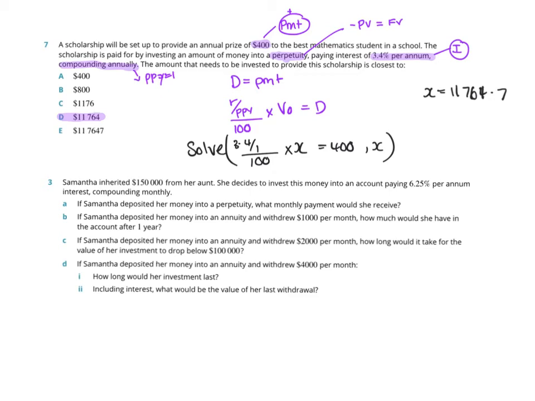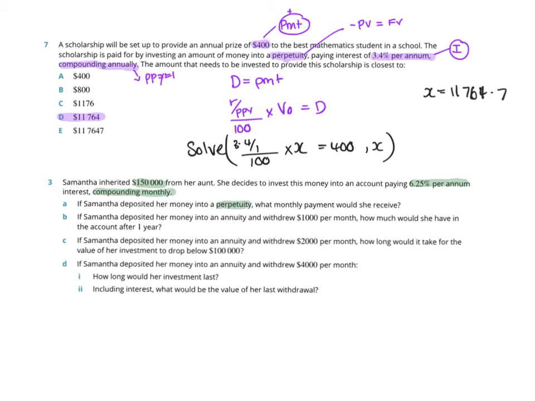Okay, let's do the next one. Samantha inherited $150,000 from her aunt. She decides to invest the money in an account paying 6.25% per annum interest compounding. If Samantha deposited money into a perpetuity, what are the monthly payments she would receive?